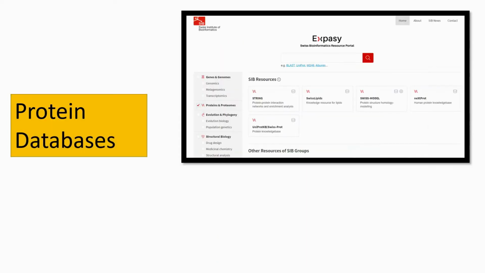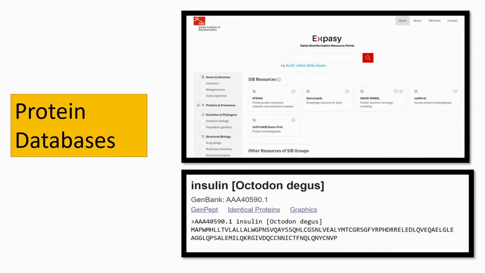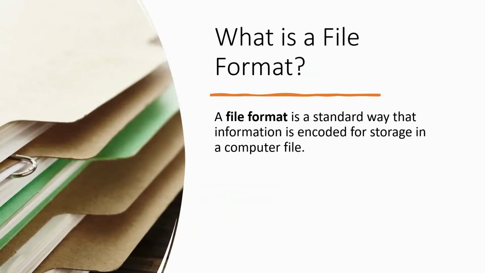And if we talk about protein databases, you can visit protein databases like UniProt, etc. And when you reach there, this is how the sequence of a protein looks. You can call it the string view of both DNA as well as protein.